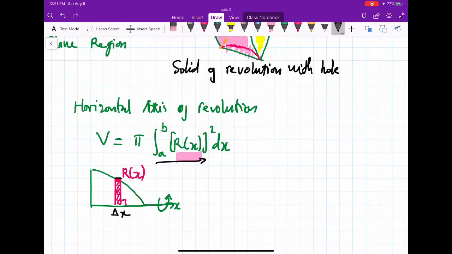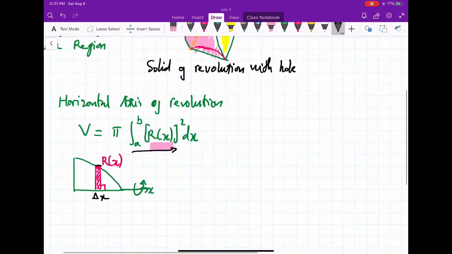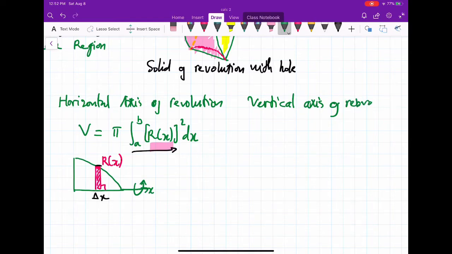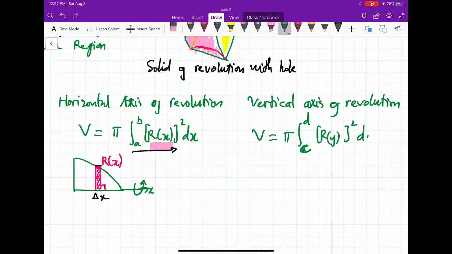If the axis of revolution is vertical, you have the following formula: volume is equal to pi integral from c to d of R(y) squared dy. The picture looks like this.